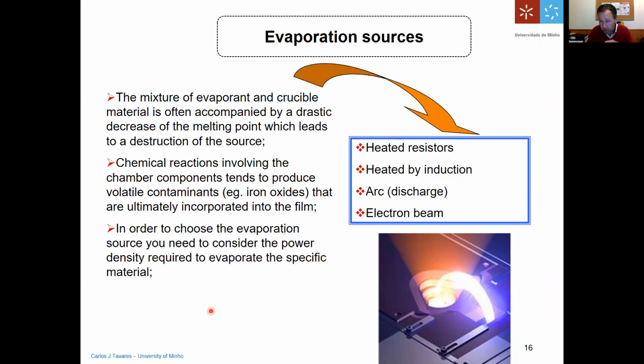For example, the pot or the pan can be aluminum, but the bottom part has to be ferromagnetic. Otherwise it will not be heated on an induction stove. Okay, so this is the basic principle. You can also use this kind of heater for melting these materials. You can also have another possibility of using an arc discharge or electron beam, as I mentioned before.